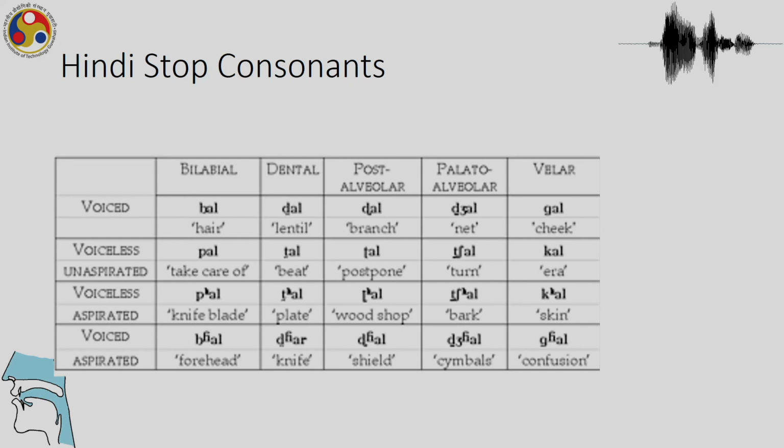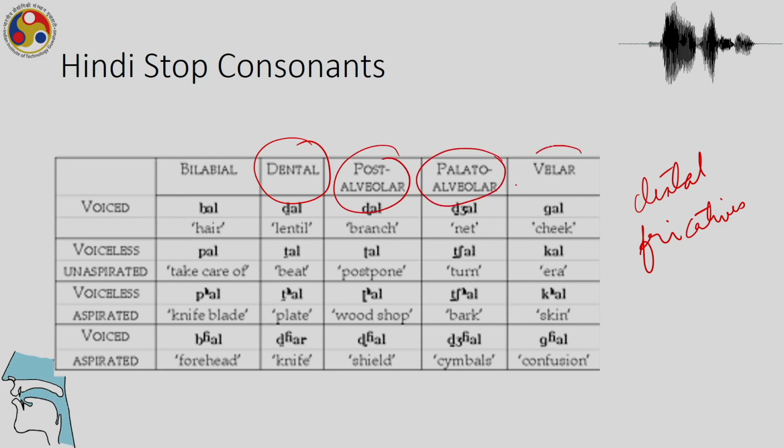Unlike what we saw in English, where we have the dental fricatives, and we did not have any dental stops, in a language like Hindi we find dental stops, post-alveolar stops, palato-alveolar stops, and velar stops. So after bilabial, in English, for instance, the dental part is not there.